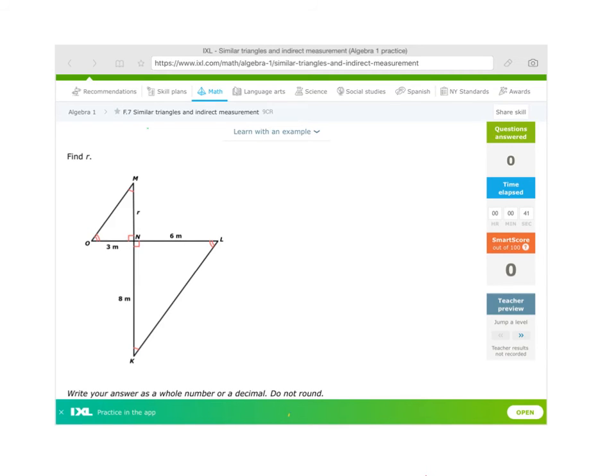So let's use a different color. So let's show this as blue and this as blue. And this as yellow and yellow. So let's look at the yellow values, 3. And let's look at the blue values, R and 8. So I'll erase this and put it in blue. And I'll erase this and put it in yellow.